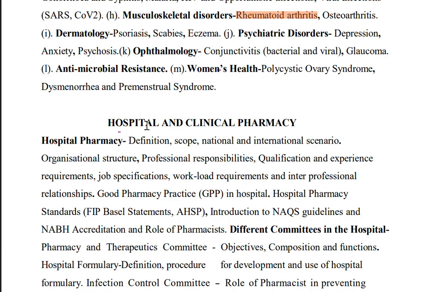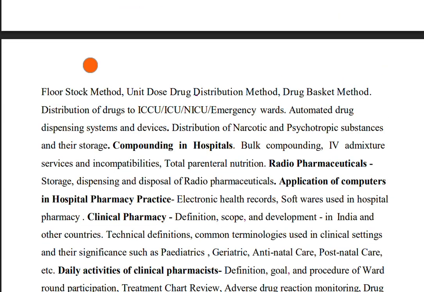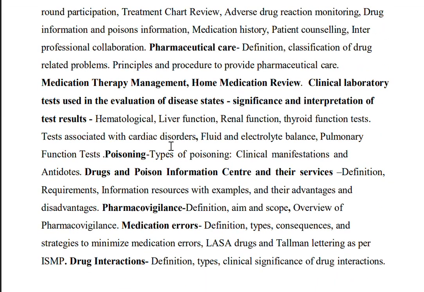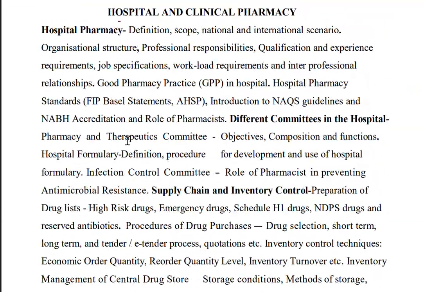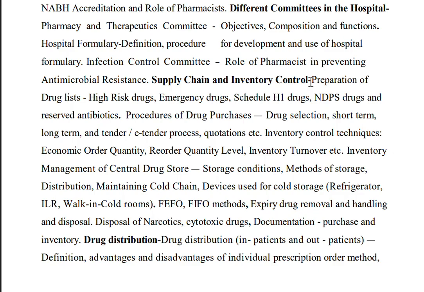Then the next topic is hospital and clinical pharmacy. We have to focus on this at a superficial level, because this is a huge portion. We cannot read each and every topic in hospital and clinical pharmacy. You just need to know the concepts, such as the different committees in hospitals, the PTC committee, how many members, how many times the meeting will be conducted, what reviews are taken, and then supply chain and inventory control, such as ABC analysis, VED analysis, like that.